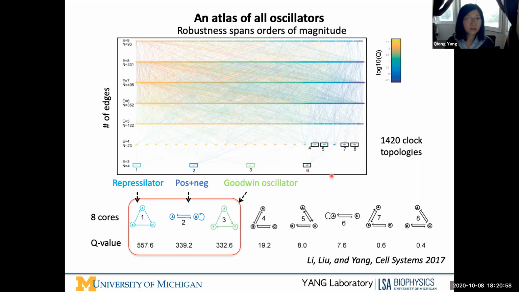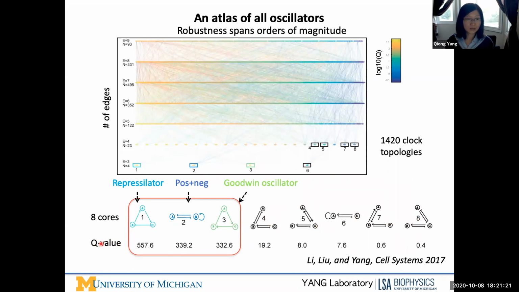So I'll list them here. We call them the minimum designs, because if you remove any node or edge, they stop having the ability to become an oscillator. Okay. And we also sorted them based on their own Q value.